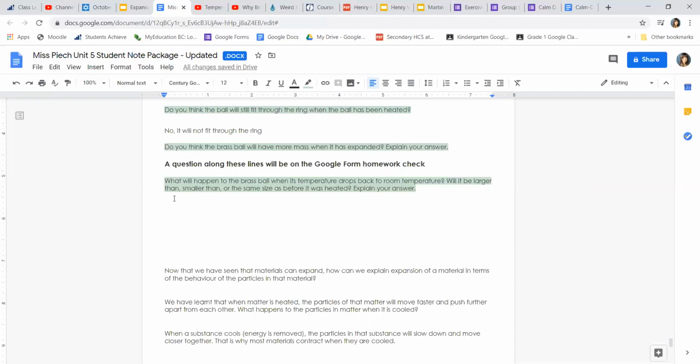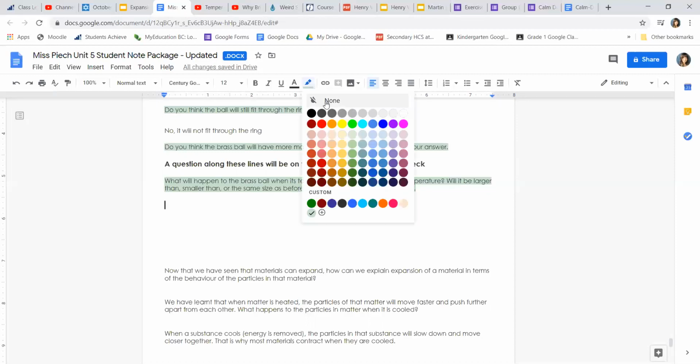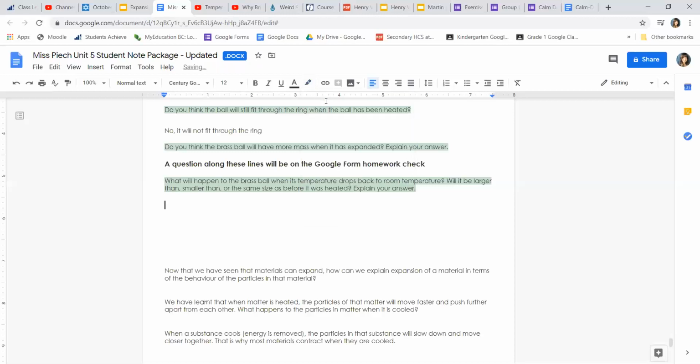The mass remains the same because it's the same number of particles in that material. The only things that can change are the volume and the density. Now, here it says, what will happen to the brass ball when its temperature drops back to room temperature? Will it be larger than, smaller than, or the same size as before it was heated? It will be the same size as before it was heated, or roughly the same size anyways, because it's returning to the same room temperature. With that being the case, it should be able to fit through that ring again, because they'll both be at the same temperature at that point.